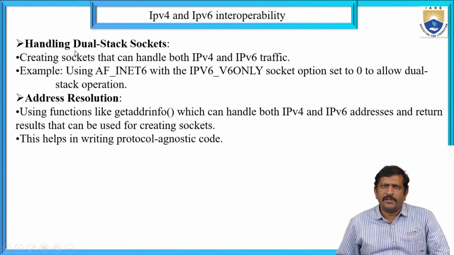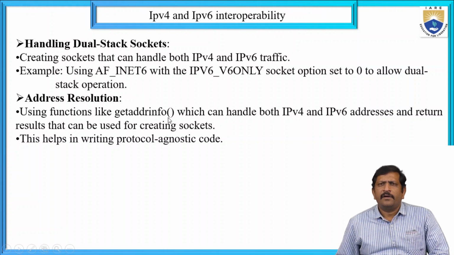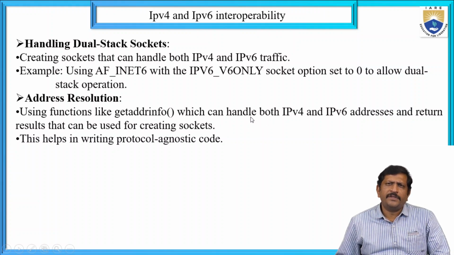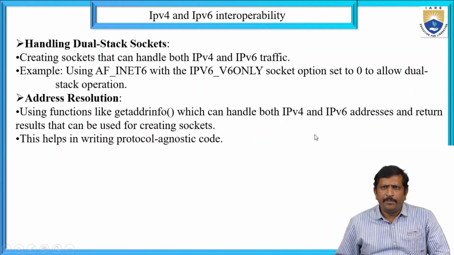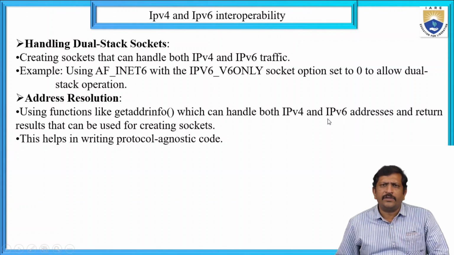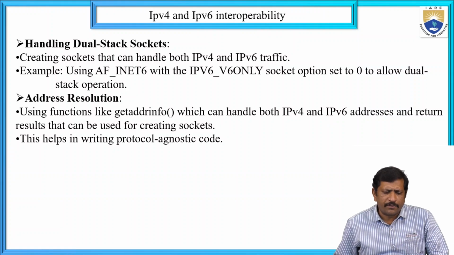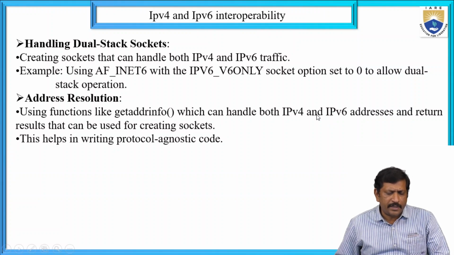Next, address resolution. By using address resolution, we can also handle dual stack sockets at the client side or at the server side, using functions like getaddrinfo, which can handle both IPv6 and IPv4 addresses and return results that can be used for creating the sockets at both server side and client side.